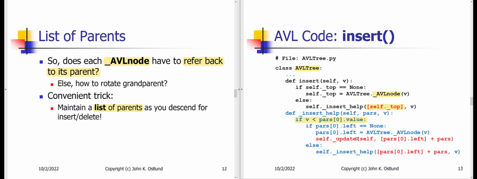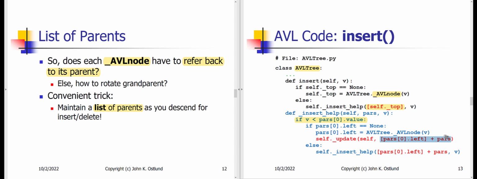Okay? Now, notice that when we call the update function, we don't really care about the value that we're trying to insert anymore. It's been inserted. It's fine. All we care about is the list of all the nodes from the current node all the way up to the oldest ancestor.